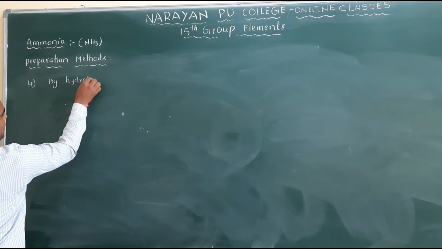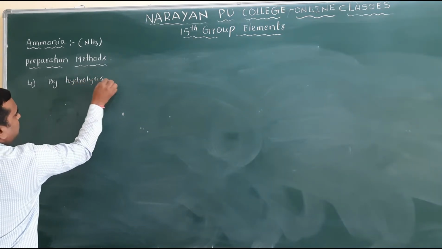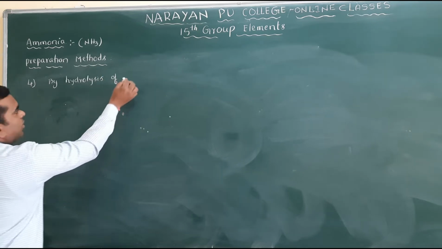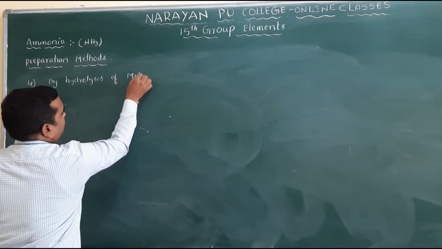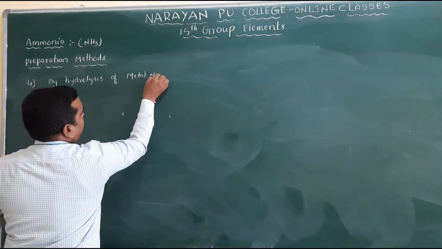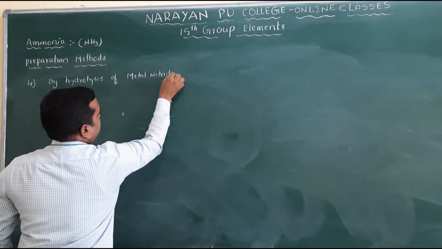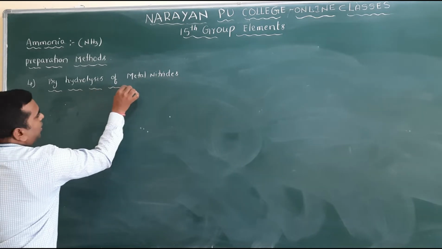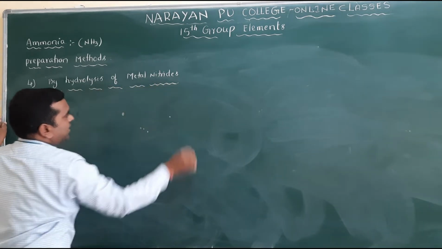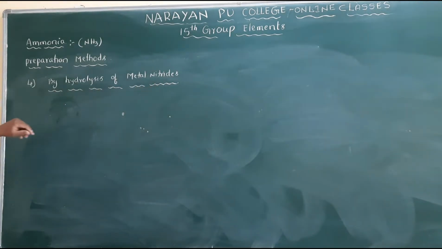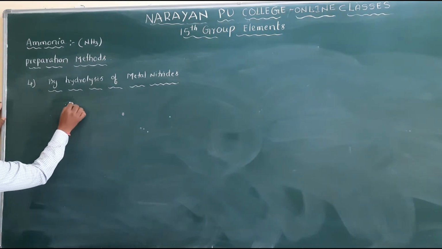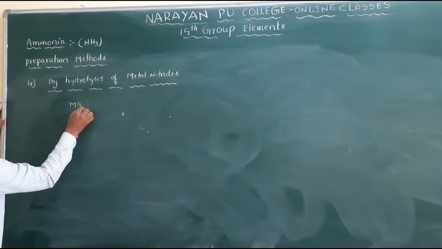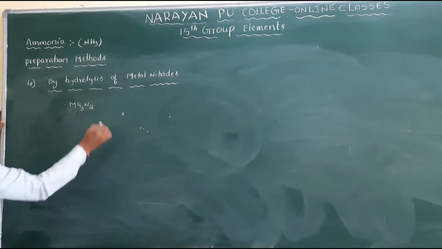hydrolysis of metal nitrides. This we have already discussed in the preparation of 15th group hydrides. Clear? So take a metal nitride, I will take magnesium nitride, Mg3N2.